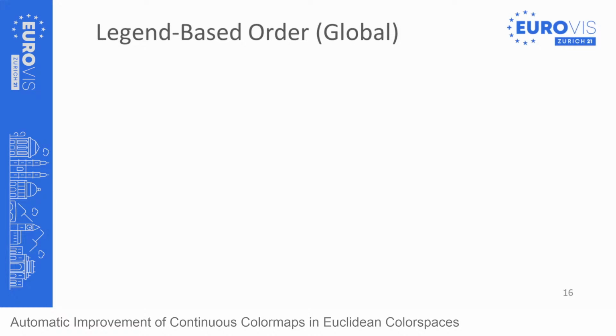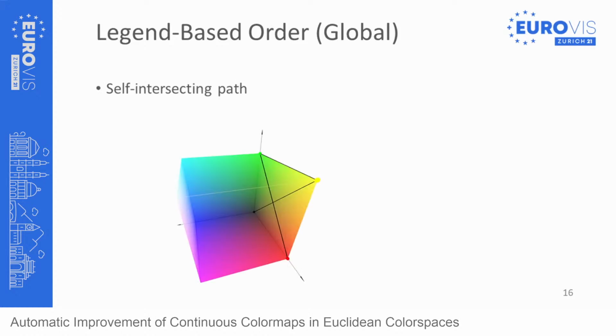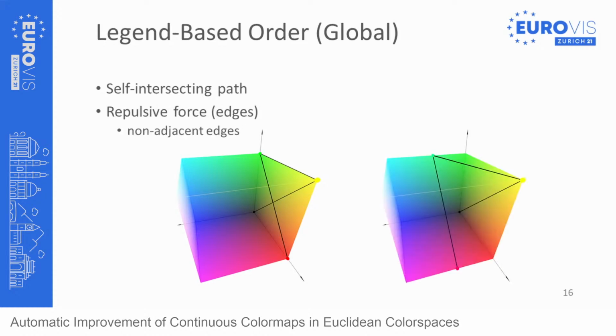At the global legend-based order, not only neighbored key colors can disturb the order. Here we need to search for self-intersections of the color map path, or rather we're searching for path segments which are closer than the user set minimum distance or minimum speed. And if we found such a break of order, we need to push both path segments away from each other.